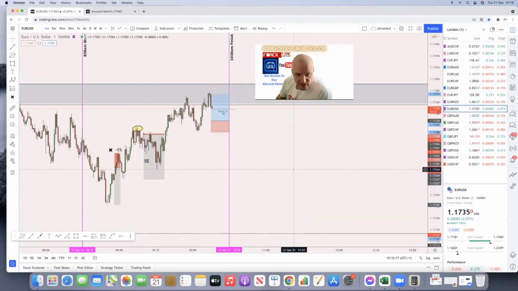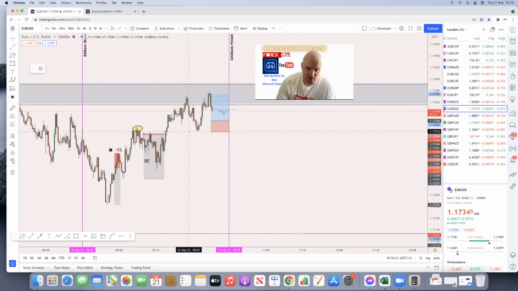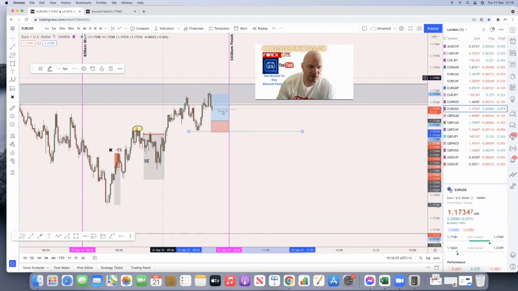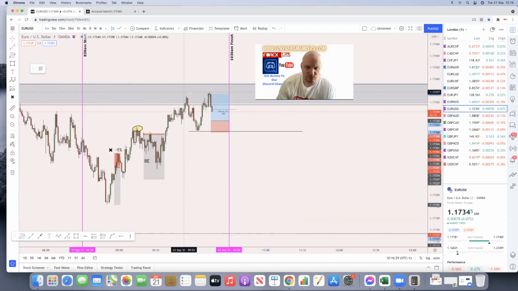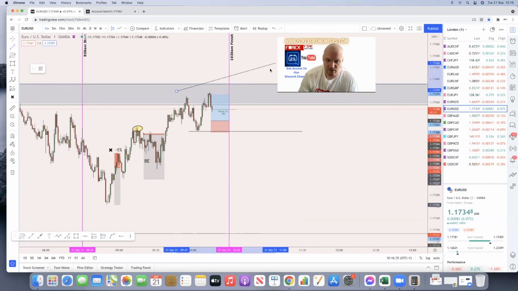There's our new trade. We are now officially in. I'm just going to show you a little bit of extra here. We have got black, and we've got a new zone of play.